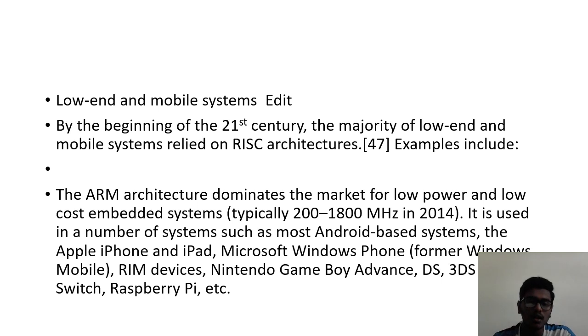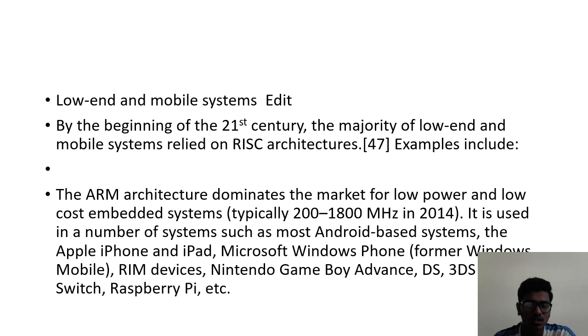Low-end and mobile systems. By the beginning of the 21st century, the majority of low-end and mobile systems relied on RISC architectures. For example, the ARM architecture dominates the market for low power and low cost embedded systems.